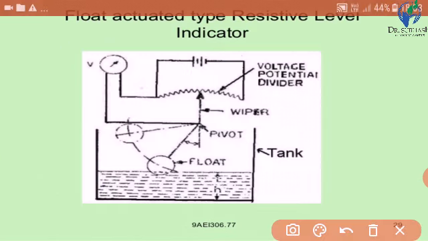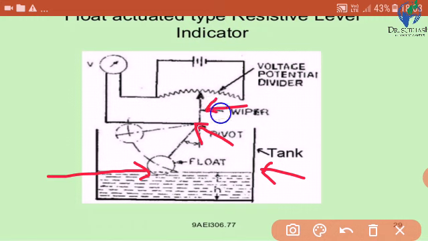Here is the figure. Here we can see one tank. Some liquid is there in the tank and one float is placed above the liquid level, and here we can see a pivot, and a wiper is connected with the pivot. Whenever the float moves to either side, the wiper will rotate clockwise or anti-clockwise.